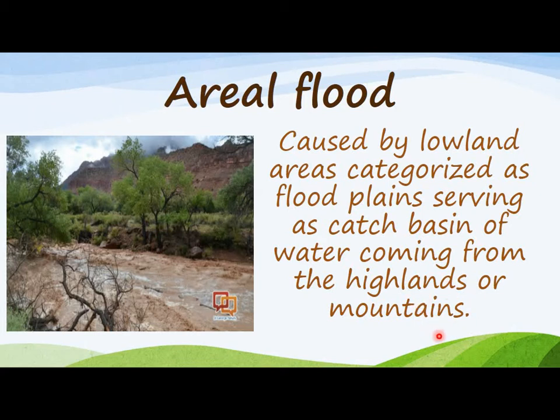So, a floodplain, yun yung tinatawag, ito yung mga flat areas na kung saan napapaligiran ng higher elevation, mga bundok, di ba? And then, etong mga lugar na to nga, yung nagiging catch basin ng tubig.